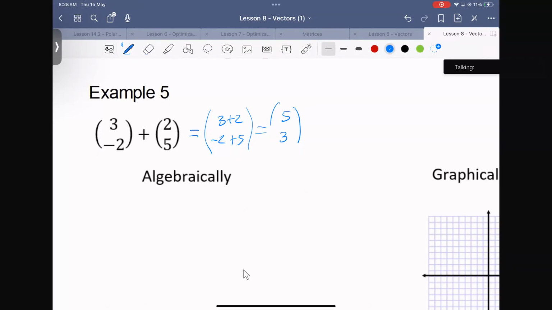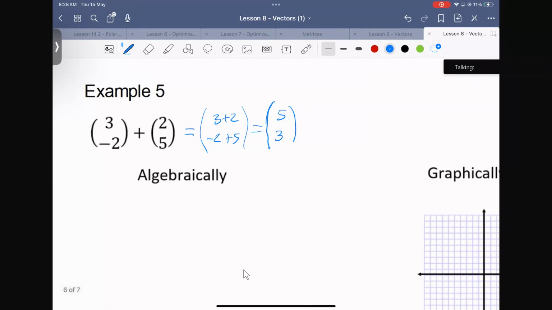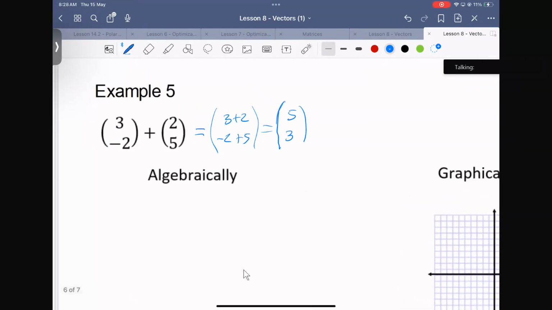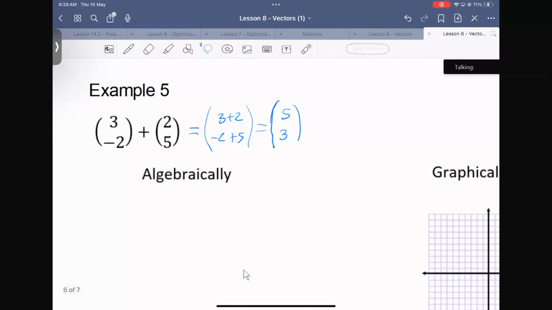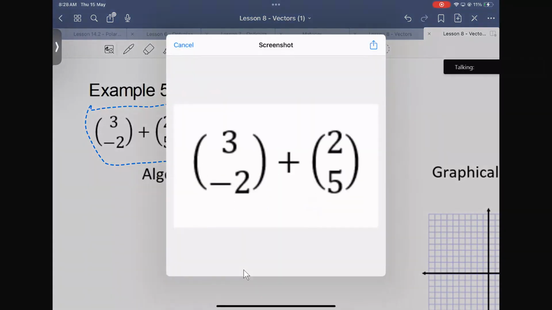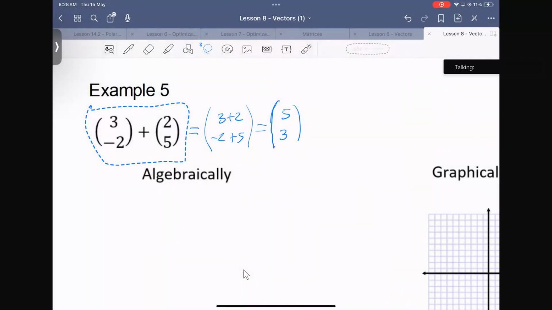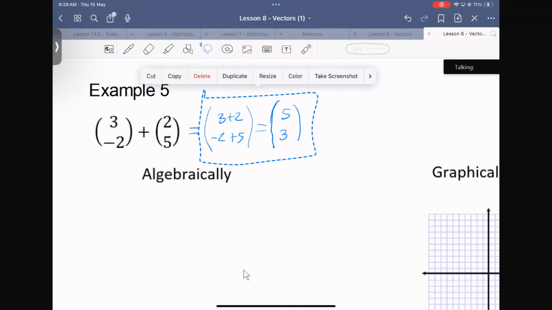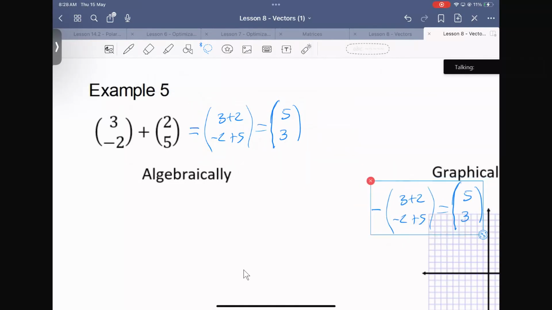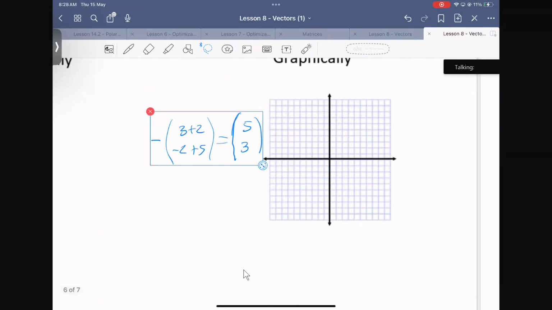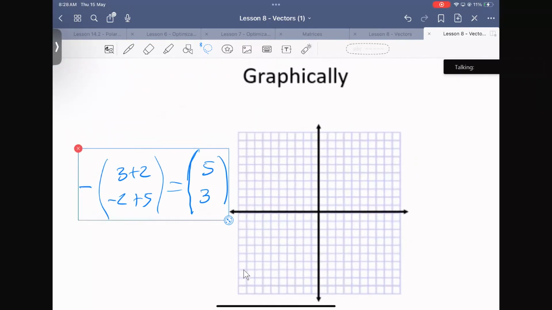However, let's look at the result here graphically.